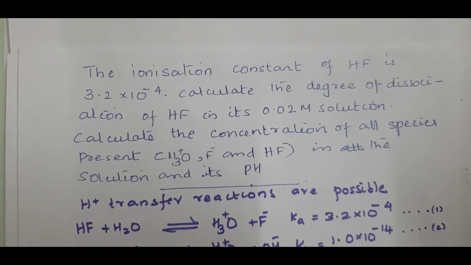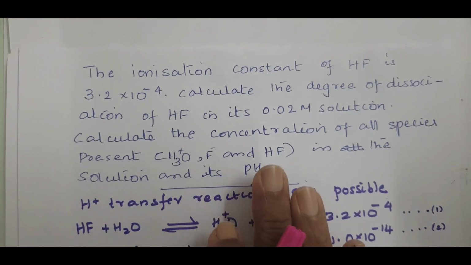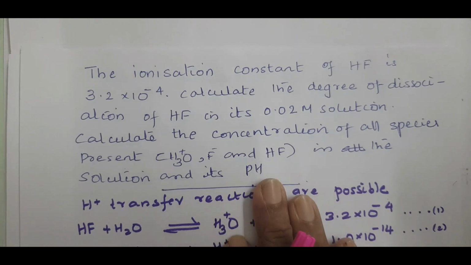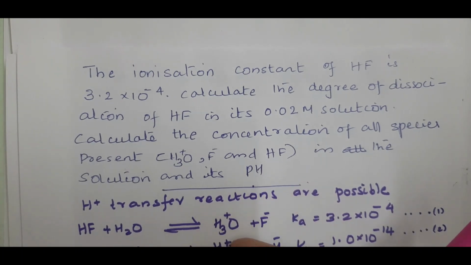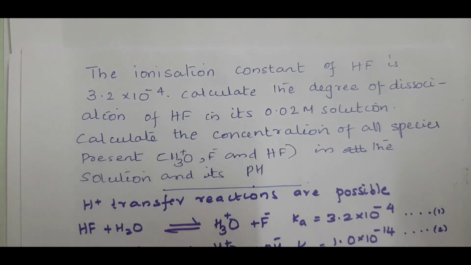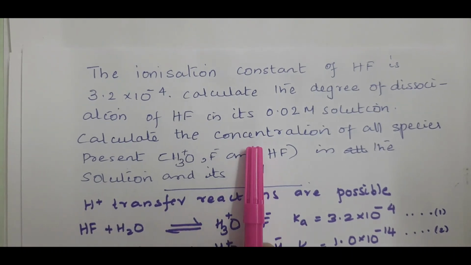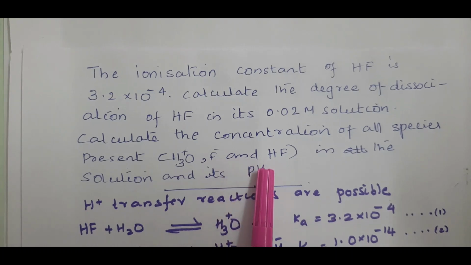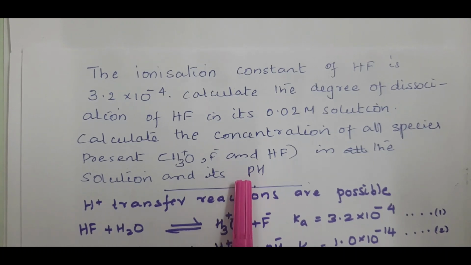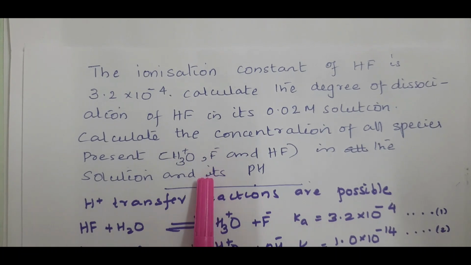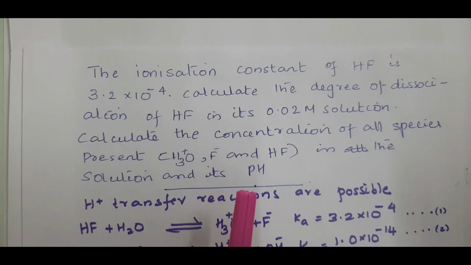You have studied this type of calculation, but the important thing is, if you want to calculate the pH or the hydrogen ion concentration of a weak acid, you have to know how many types of proton transfer reactions are possible.